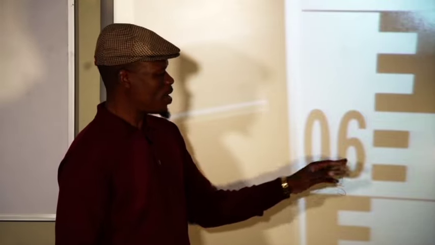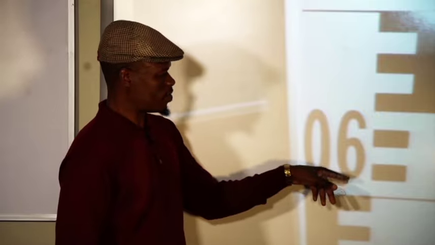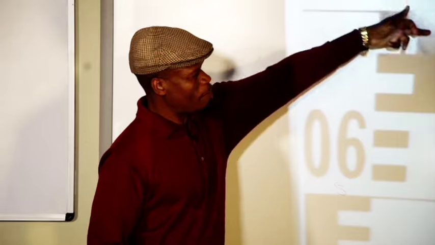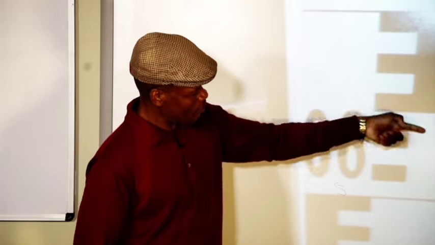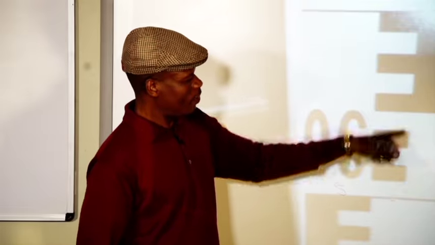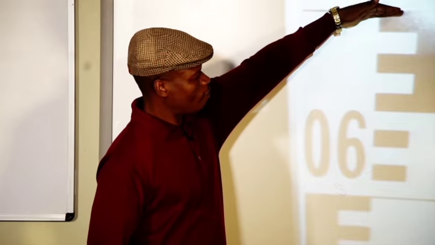So this number is not called 06, it's 0.6. And if you look at this, you have got 2 E's. The first one you can see is the black E, and the second one is not that much visible, but it's there, the white E. So you have got these 2 E's. The first E consists of 50, and the second E consists of another 50.